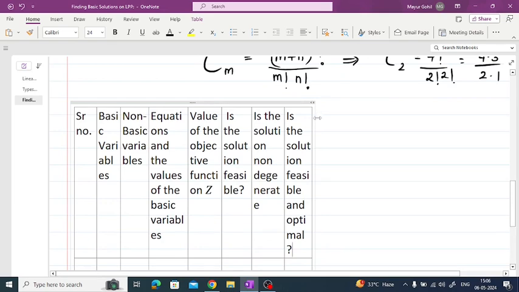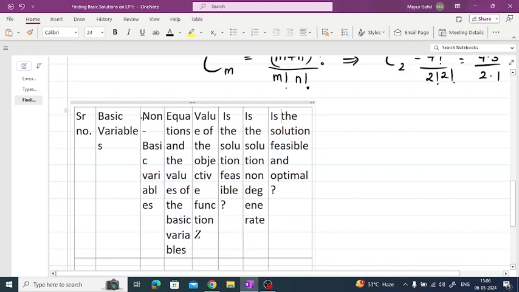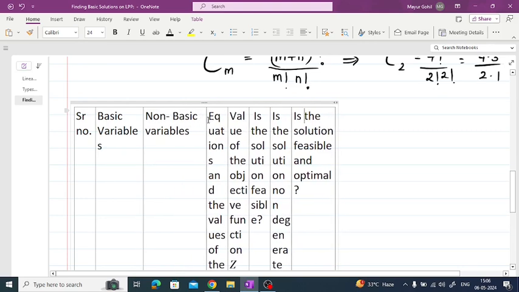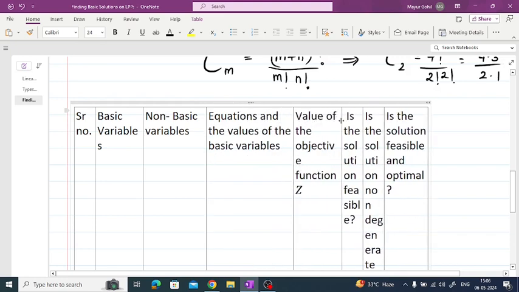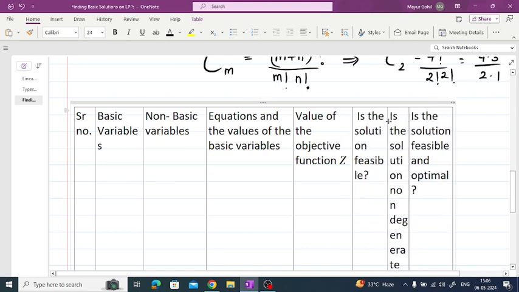So all these things we will need, and I'll just have these columns established properly. Once we are done, we will be able to write all the stuff here. Is the solution feasible?